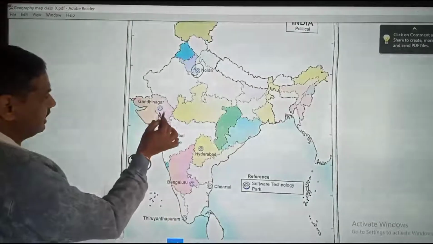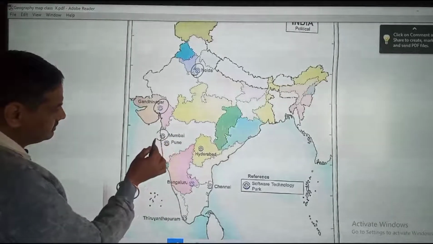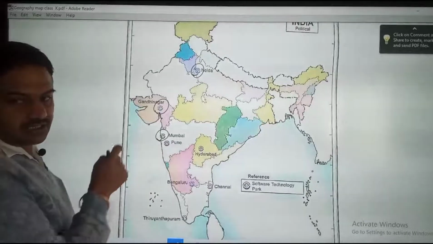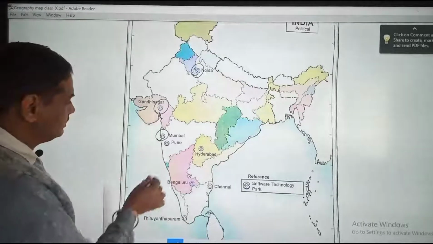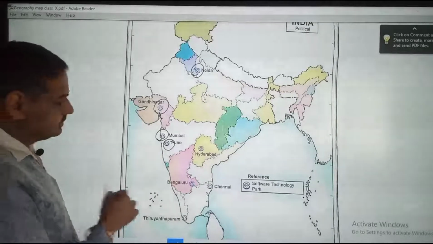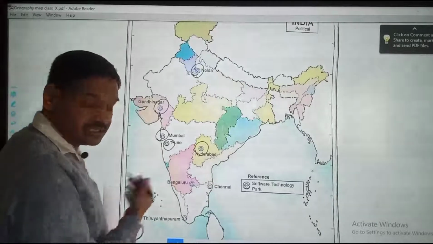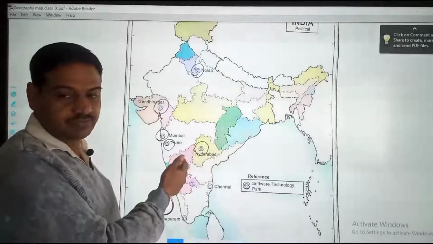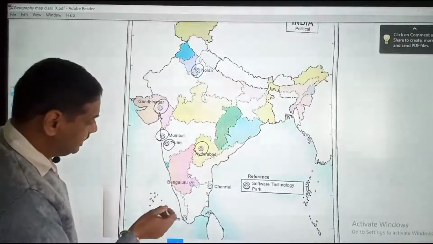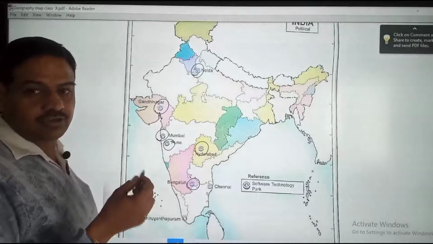Second is Gandhinagar, the capital of Gujarat. Then Mumbai, one of the metro cities and the capital of Maharashtra. Close to Mumbai there is Pune. Then Hyderabad in Telangana, also known as the high-tech city, which is also famous for the IT industry. Then comes Bangalore, the main IT center of India.